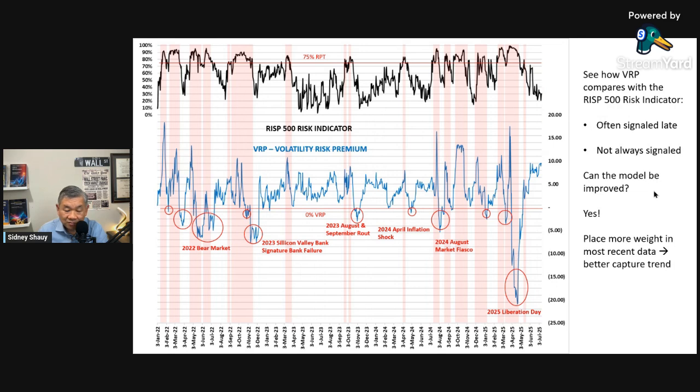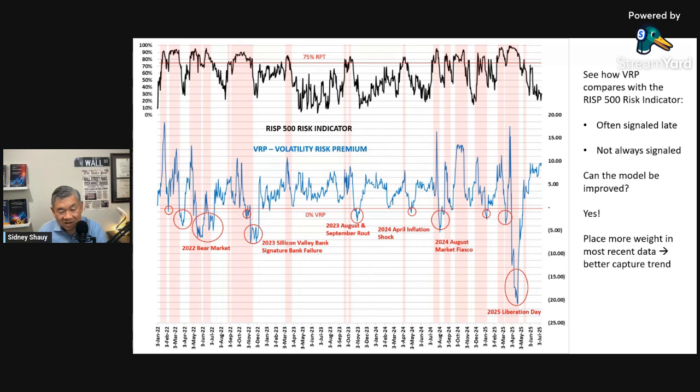Can the model be improved? Yes. The answer is yes. One way to do it is to place more weight on more recent data to better capture the trend. Remember, when we calculated the VRP, we used the last 20 days of volatility, right? Measured day by day for 20 days.